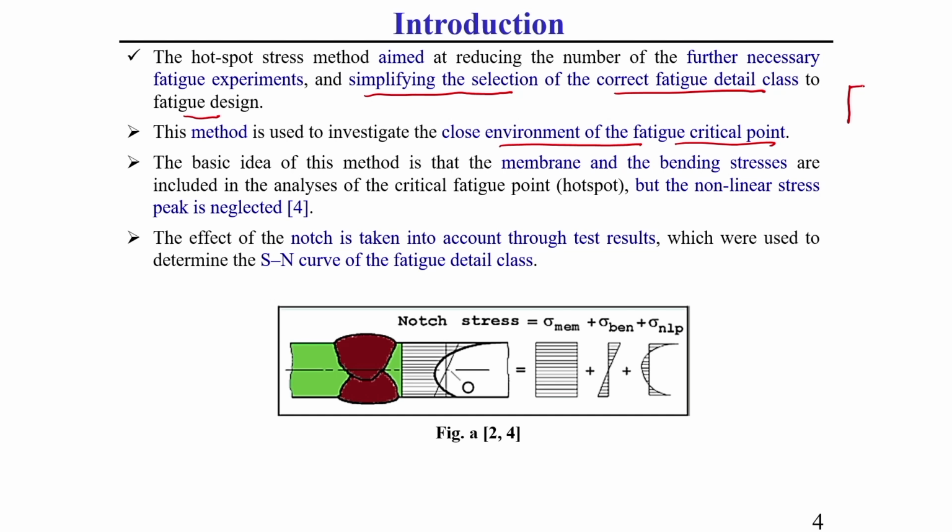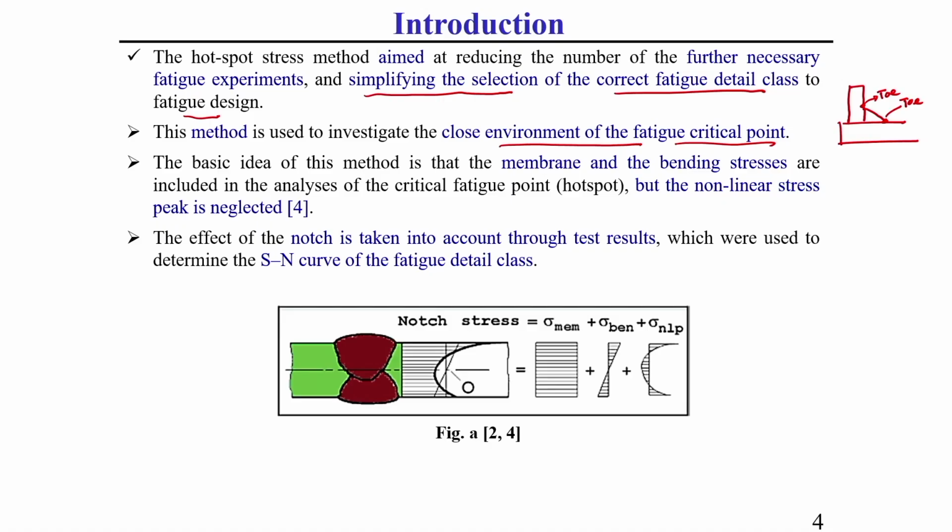For a fillet type of joint, the critical point can be the discontinuity point, that is the toe of the weld. So near this toe zone, the stress distribution can be predicted.